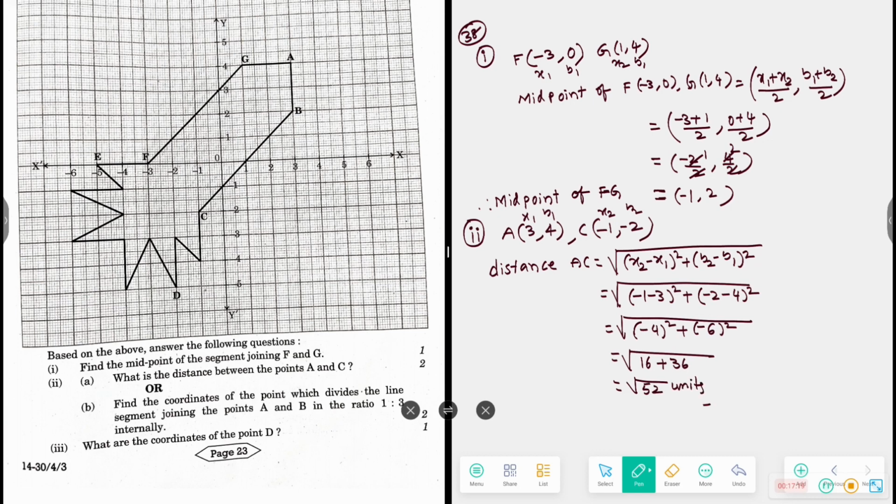Root 52 units is the distance between A and C. Question number 2, 2 marks.